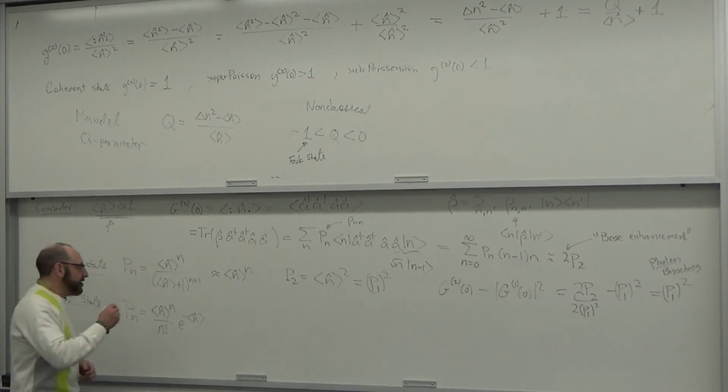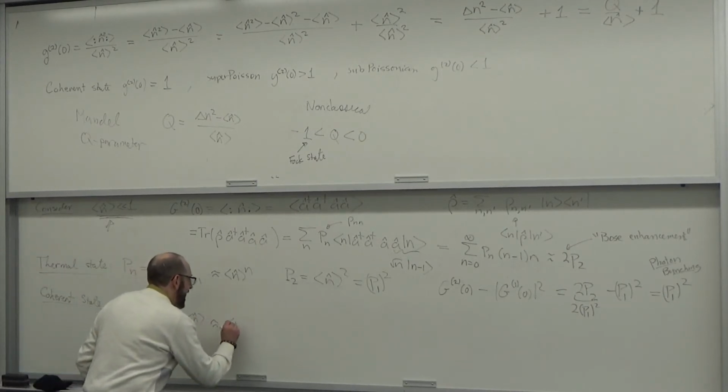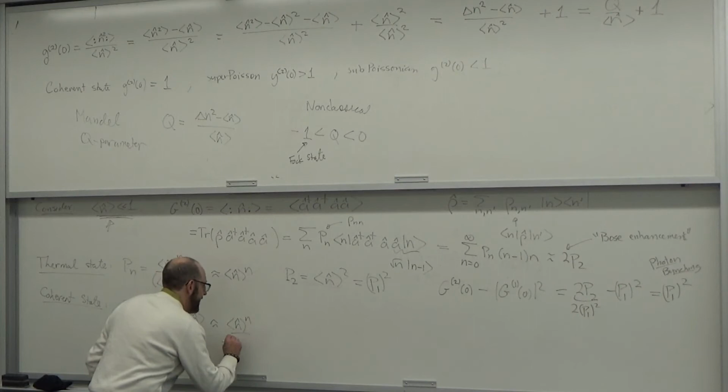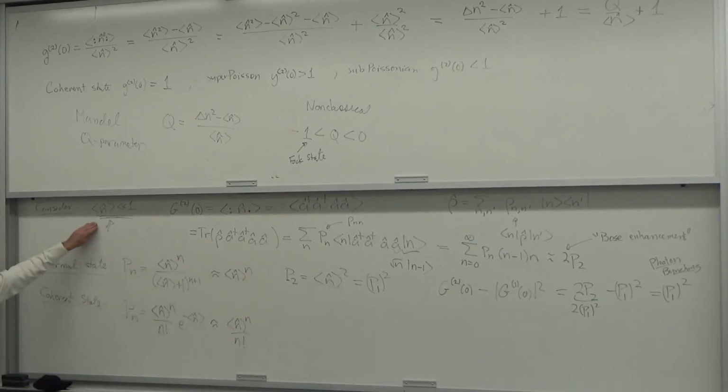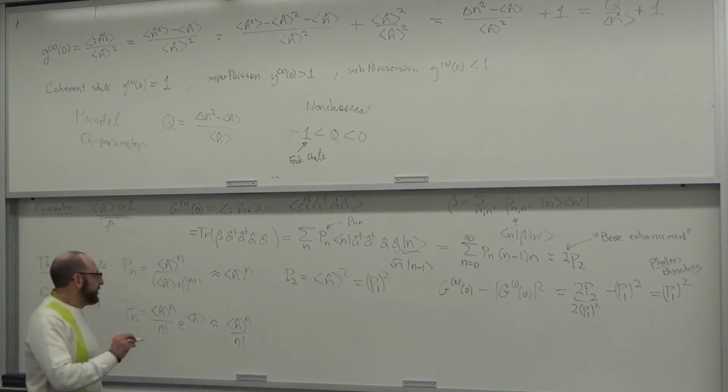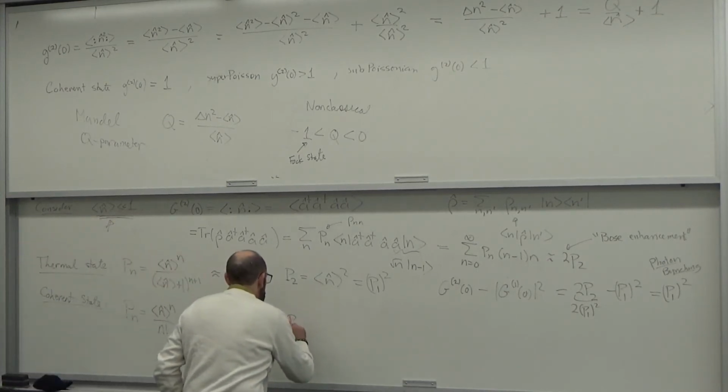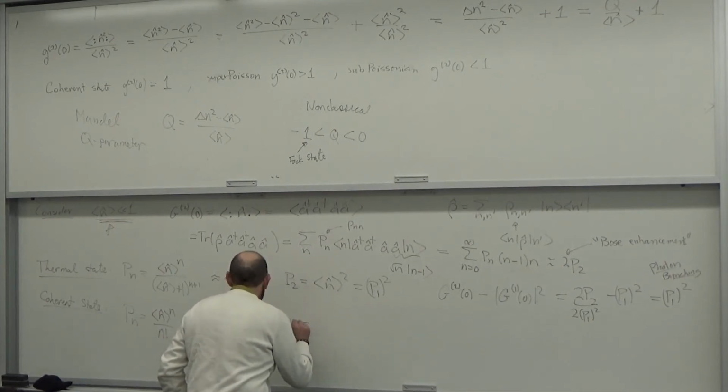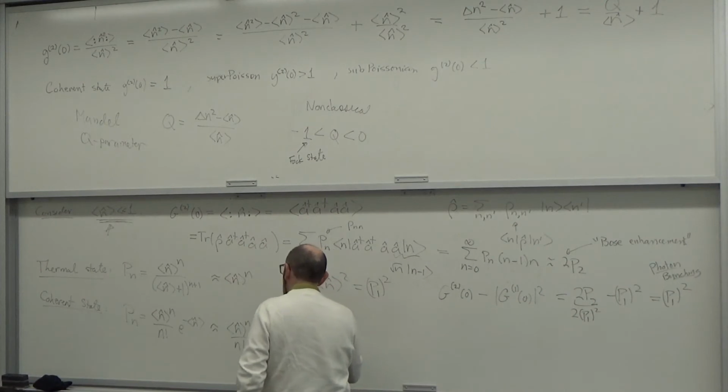And this is approximately equal to average n to the power n over n factorial in this case. So the probability of finding one photon in the mode in this case is approximately equal to the average n.